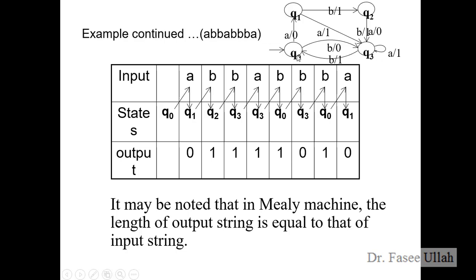If I move from Q naught to Q3 again, it will give the output 0, right? Another case, we have B. I'm already here, so if I move from Q3 to Q naught, it gives me 1, right? In the next step we have A, so I move from Q naught to Q1, and it gives me 0.